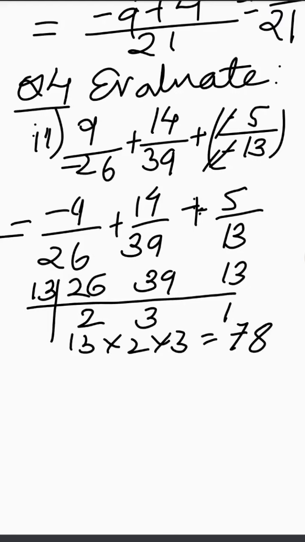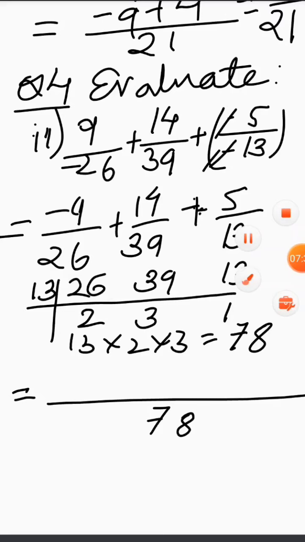Yes. Now again the same. See, you can apply the previous method also, or in this way also you can do. As the LCM is 78, directly you write here 78, children. Now this 78 you will divide by the denominator, and when you divide 78 by the first denominator 26, what is the answer you are getting? 3.